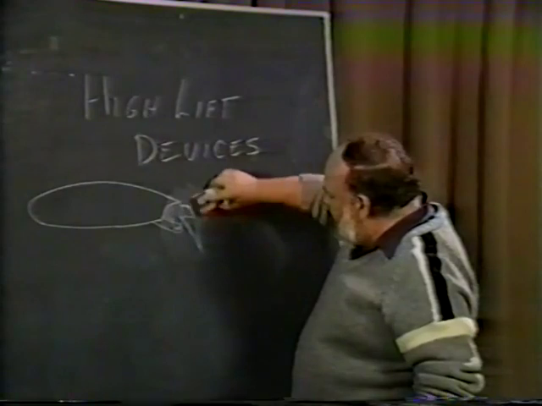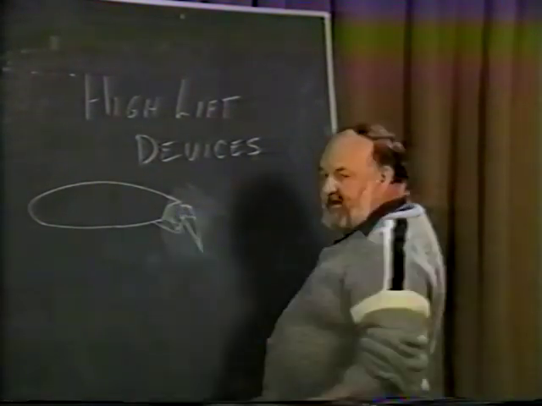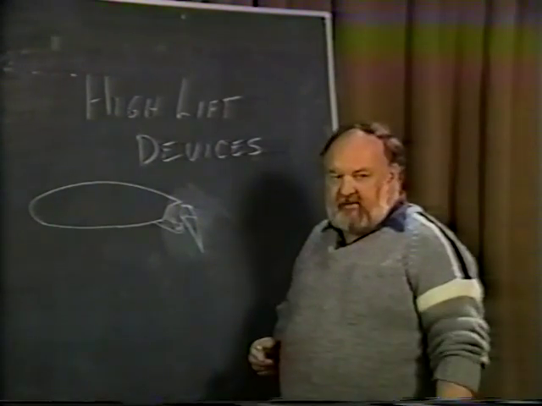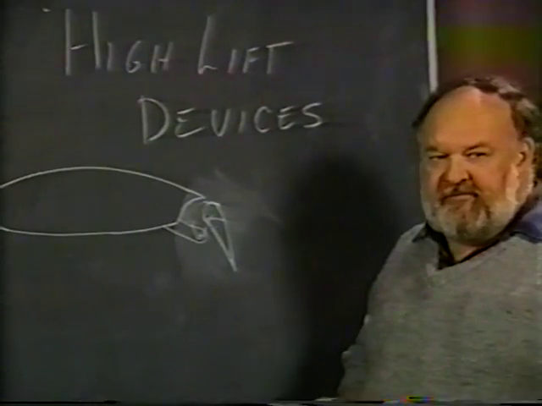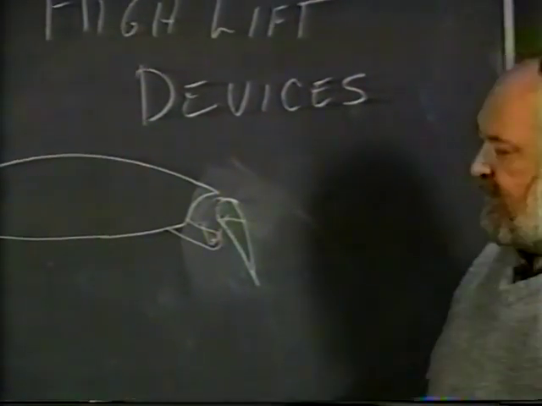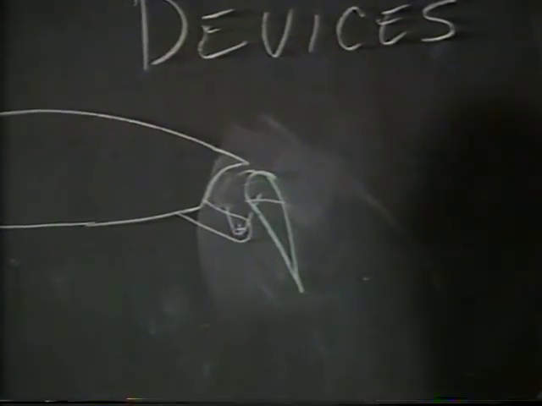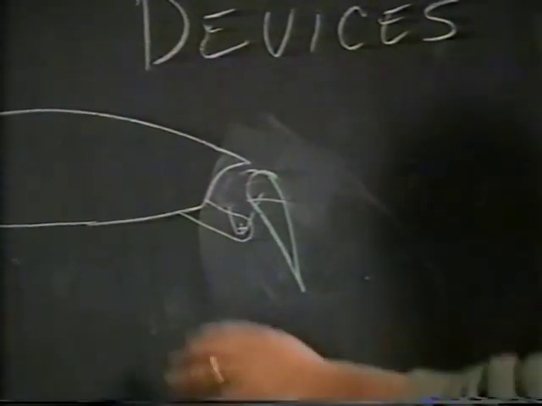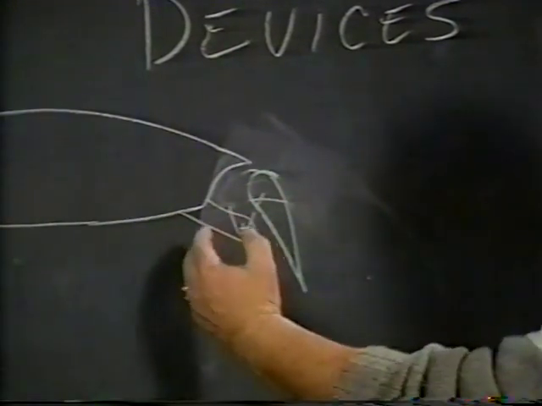Now what happens here, when the flap is down, and let me take care of the one that's up in there so we get a little better look at this thing. What happens here is that this slot has to be very, very carefully built and laid out. When you check on the data and look up flap designs and characteristics, you have to follow the coordinates of this slot arrangement rather importantly because it's critical. But what it really does is when you're flying at a high angle of attack, the bottom air here is under high pressure.